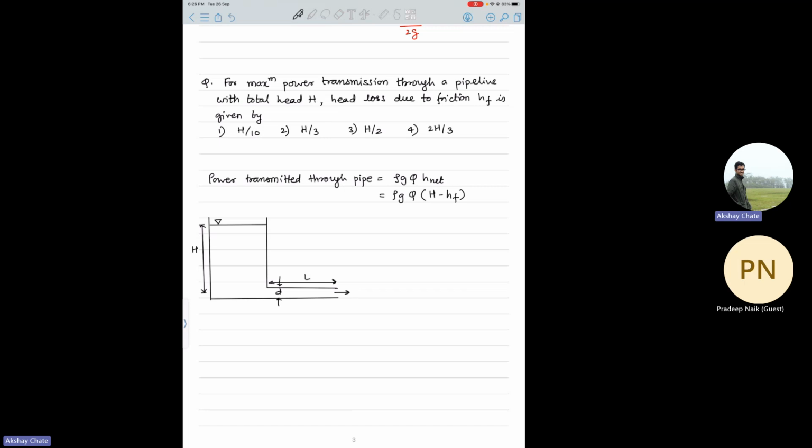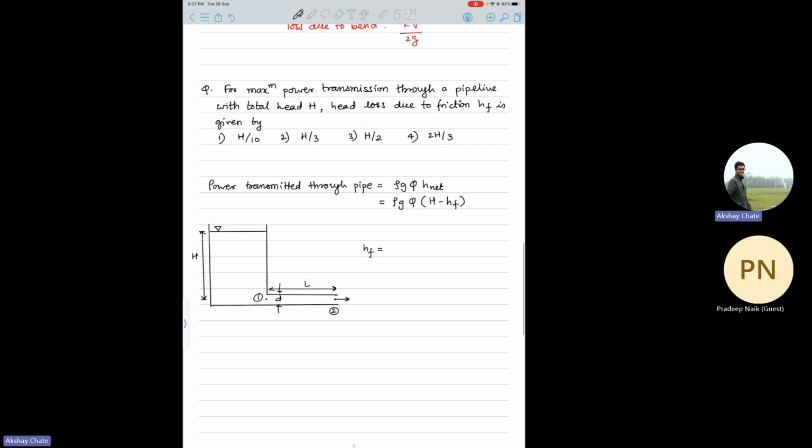So here, what is your total HF, which is head loss due to friction? There will be one component of entrance loss at section 1, and let's say the exit is at section 2. At section 1 you will have head loss, that is entrance loss, which is 0.5 V square by 2g, and then it flows through a pipe, then it will be f L V square by 2gD, same velocity because same pipe.